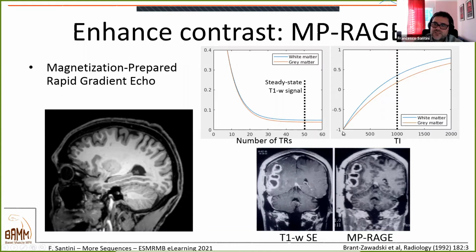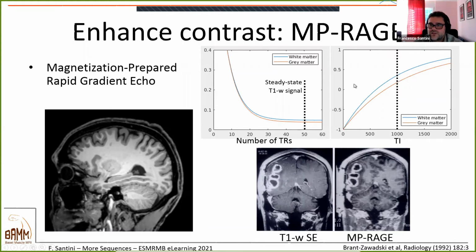So what we can do instead of just doing a saturation recovery pulse, we do an inversion recovery pulse. And then we let the gray matter and white matter evolve. After around 1000 milliseconds, so after around 1 second, we see that the difference between the signal from the white matter, which is the blue one, and the gray matter, which is the orange one, is the highest.